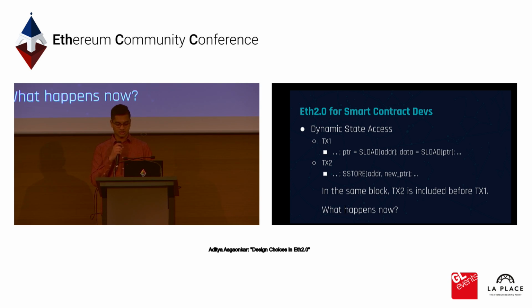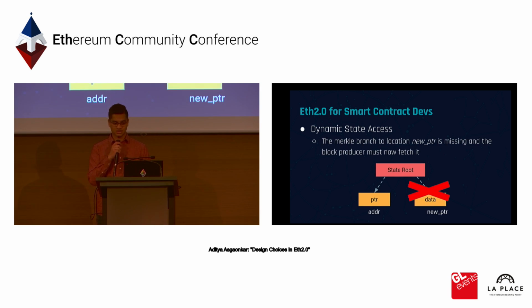This is all if transaction 2 is included before transaction 1. If the storage at slot ADDR changes and gives you a new pointer, then the data that you're trying to access is from a different location.